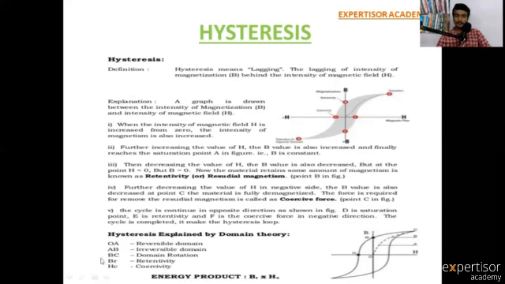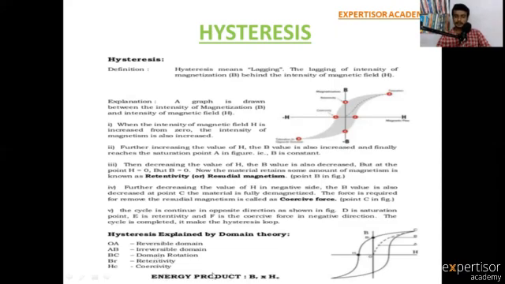OB is the retentivity, BR. HC is the coercivity. Here, this is the H.